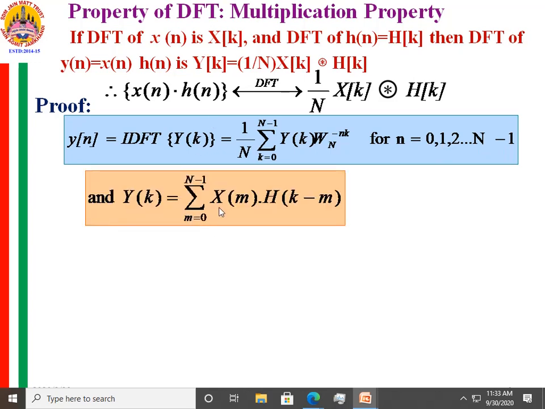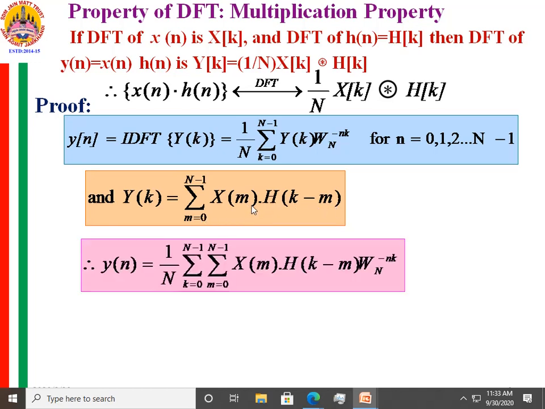And Y[k] is equal to summation m from 0 to N minus 1 X[m] into H of k minus m, the circular convolution between X[k] and H[k]. Now replacing Y[k] with this equation here, you will get it as 1 by N summation k from 0 to N minus 1 summation m from 0 to N minus 1 X[m] into H of k minus m W_N raised to minus nk.